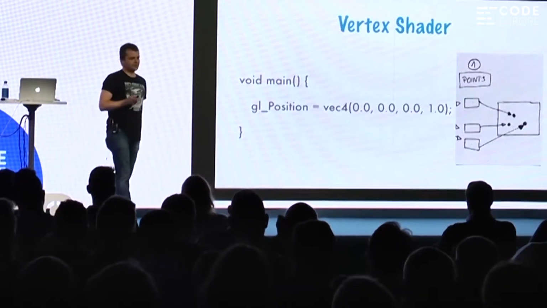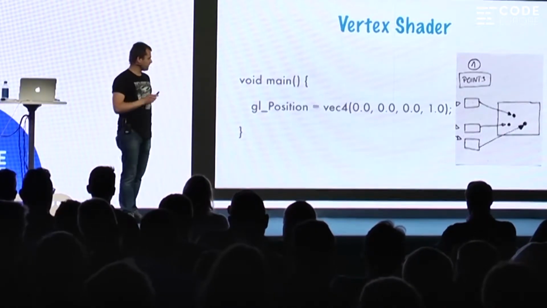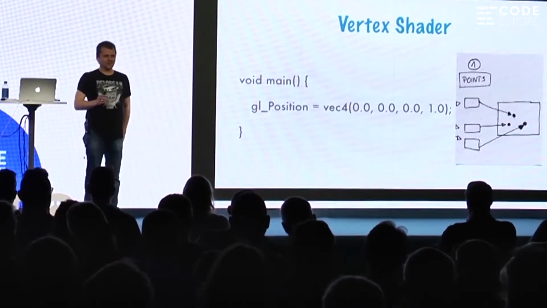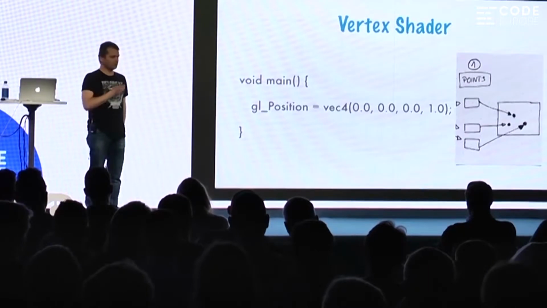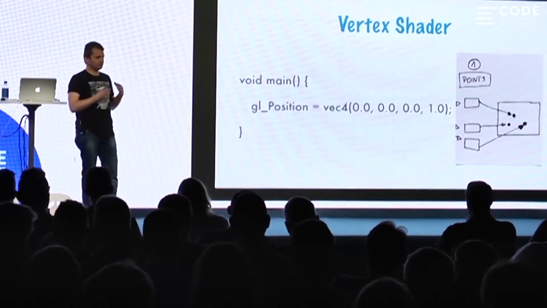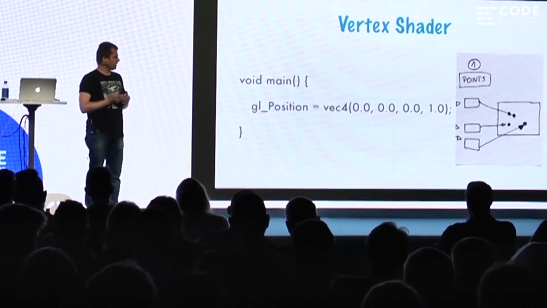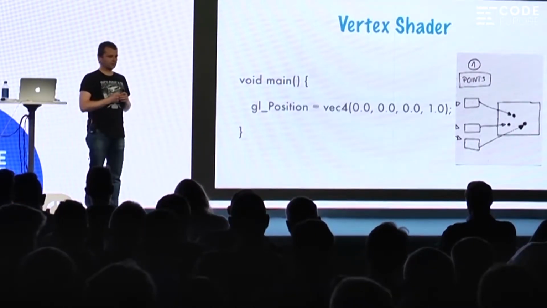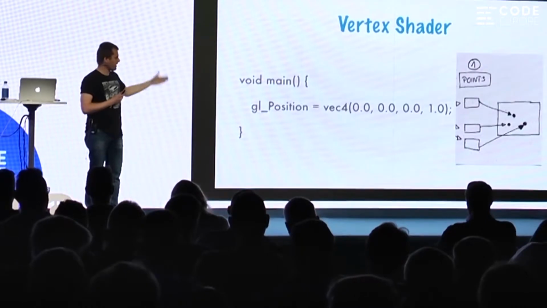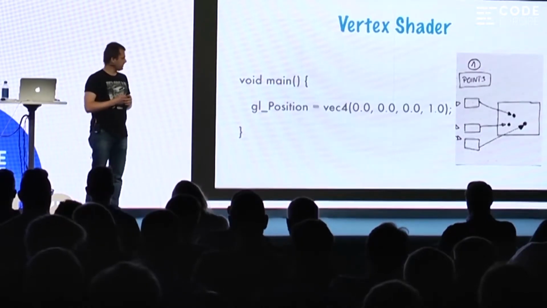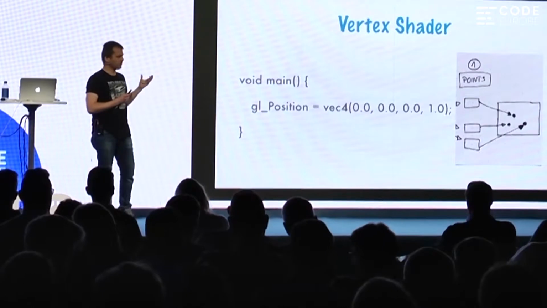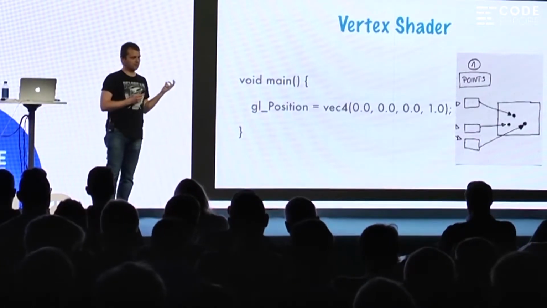So let's see the first shader. It's really, really dumb, so let's see how it works. It works like C programs in general. The little boxes in your graphic card start invoking the main function. And in here, it looks for gl_Position. It's like the return statement of the shader.